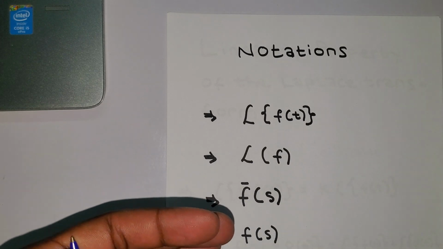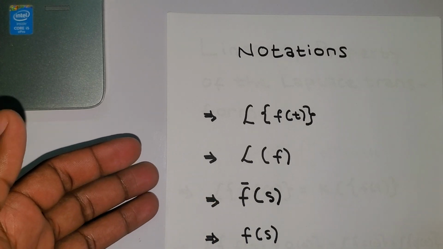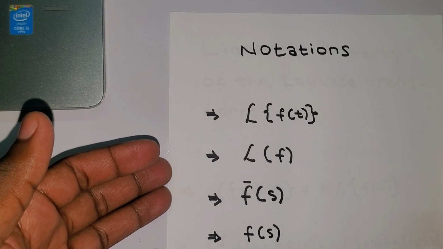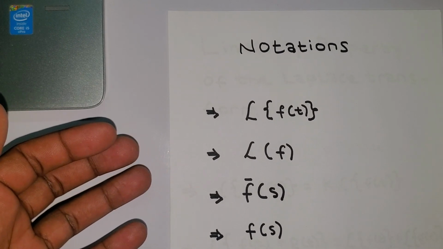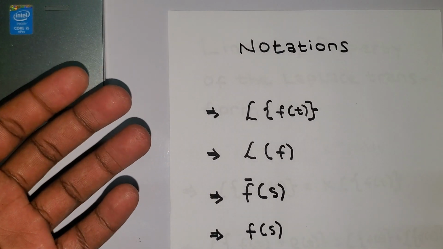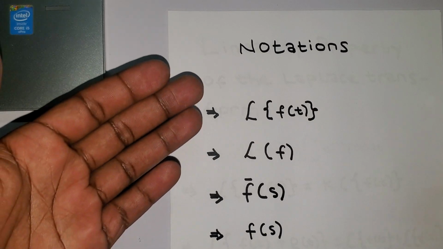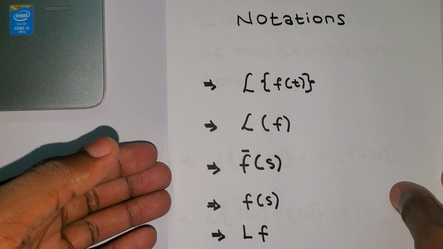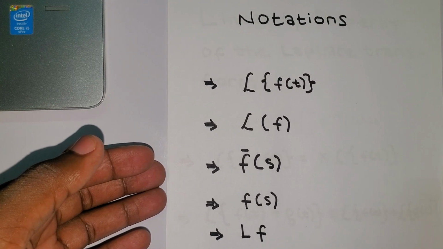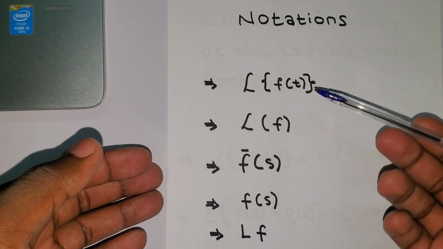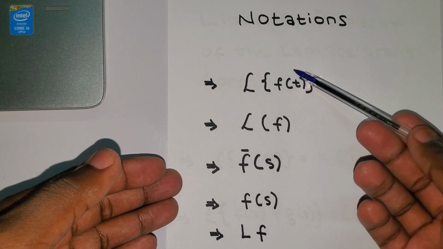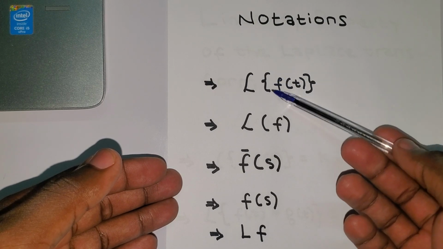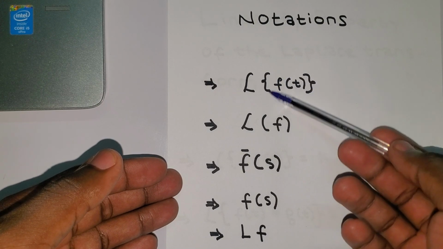We can also talk about the notation that is commonly used when you are working with Laplace transforms. All these are notations that can be used to show that a Laplace transform is being applied on a function f of t.